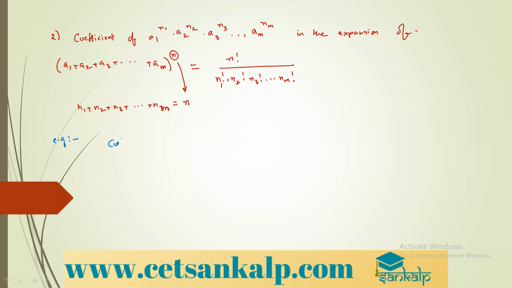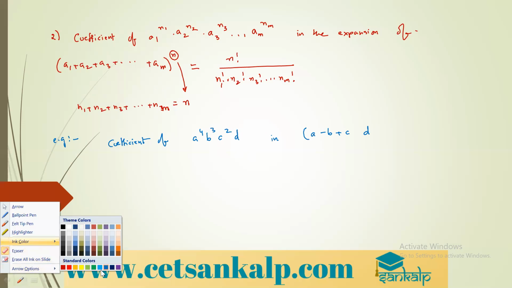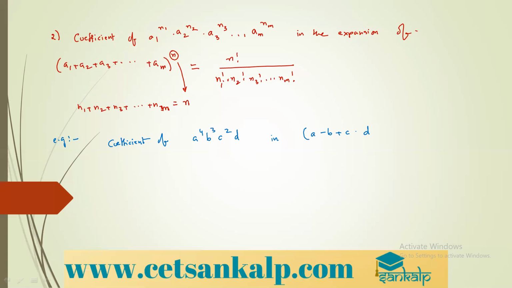You have to find the coefficient of a power 4 b cube c square d in the expansion of a minus b plus c minus d. We will take minus d instead of plus d. So (a minus b plus c minus d) whole power 9.